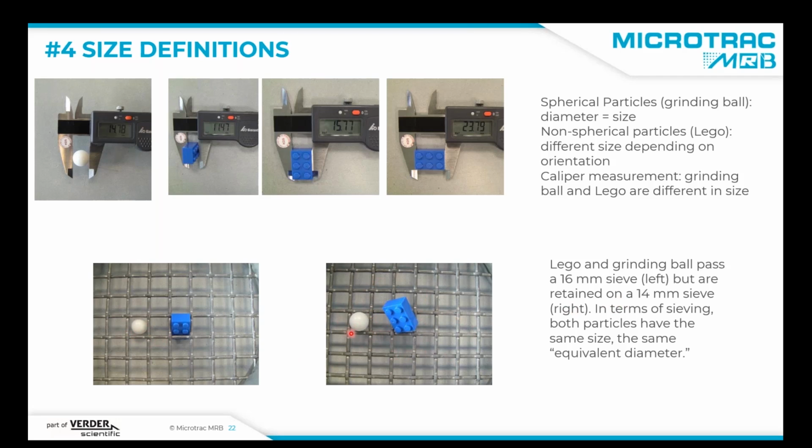So for sieving, these two particles have the same size. They have the same equivalent diameter. They are between 14 and 16. We cannot be more accurate because I did not have any sieve in between. So with the caliper, you get different size definitions, different measurements, and with the sieve, you get the equivalent diameter, and these two are the same in size.